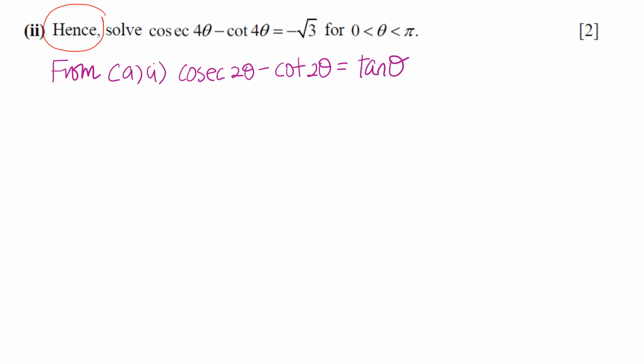Alright, look very carefully at the angle here. You will see that there's some kind of a connection, such that this angle here, theta, is half of this angle here, that means 2 theta times half will give you theta.